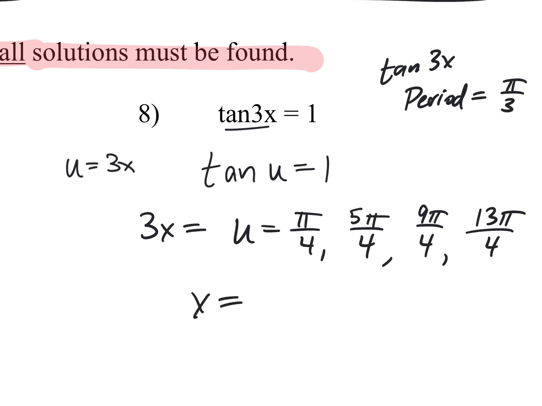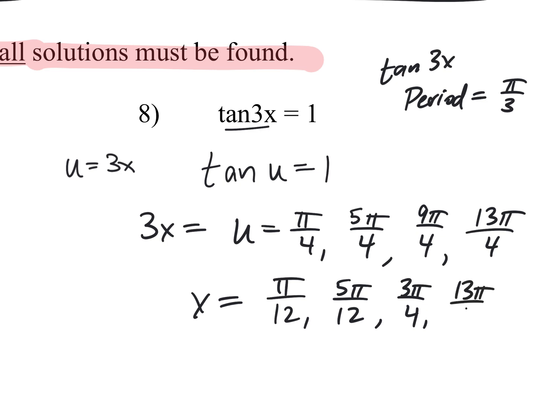So if I actually want to find x, I'm going to have pi over 12, 5 pi over 12. Let's see, 9 pi over 12 is 3 pi over 4, and 13 pi over 12. So what's the pattern? Well, to go from pi over 12 to 5 pi over 12, I'm adding pi over 3, which seems familiar.